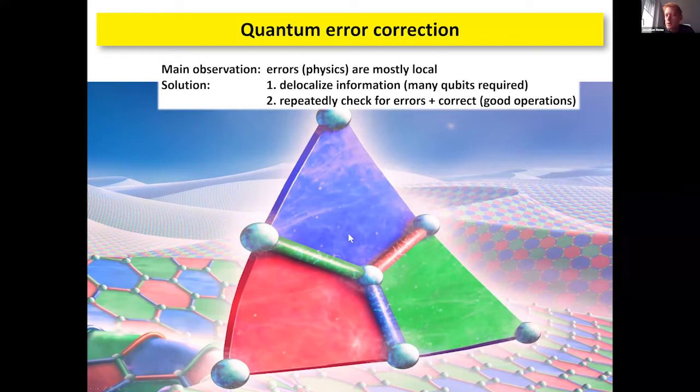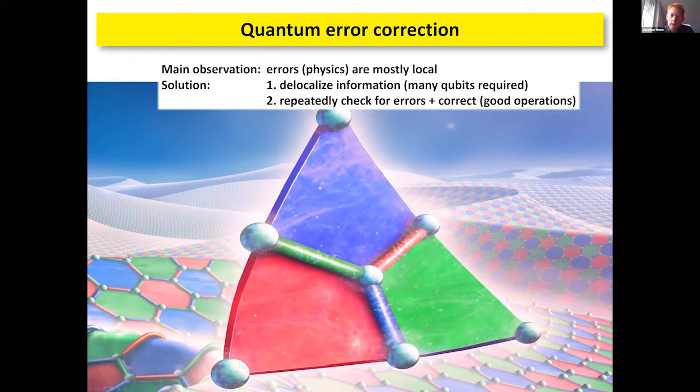The advantage of that is that noise primarily acts locally, and you can devise your architecture to realize this. So if you have information that's stored in correlations across lots of different places, then the noise acting locally has a smaller impact on the information than if you'd stored all of your information locally.